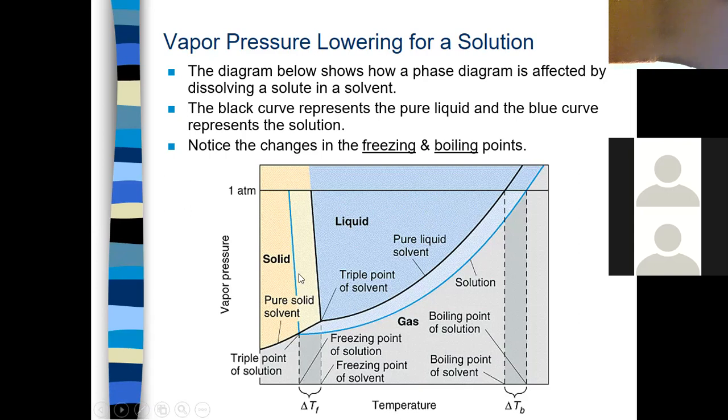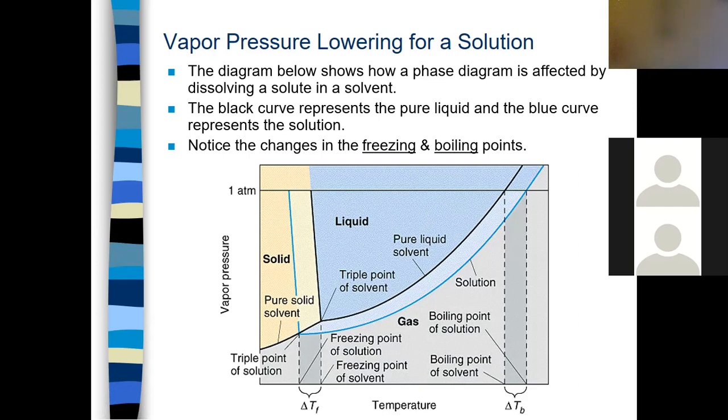So after you've dissolved a non-volatile solute in your water or in your solvent, the new phase diagram is this blue one. So in your sketch, go ahead and sketch it if you haven't already been sketching. You want to draw the black curve first and label that the phase diagram of water.